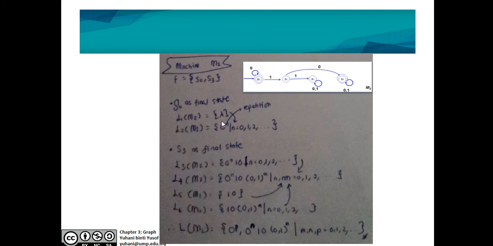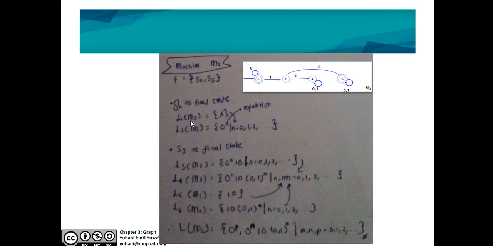So since there is no more language generated by this machine that ends on S3, we just see that there are four: 1, 2, 3, 4. We see that the empty set is actually already here. Why do I say that? Because if n is 0, there is no 0, which means it is the empty set. So we can just cross this one out.